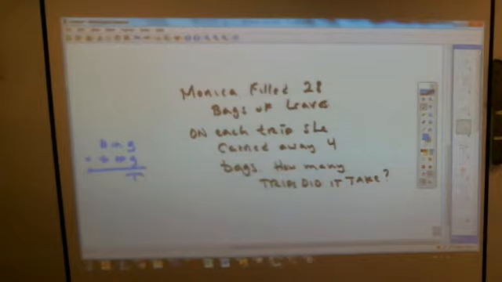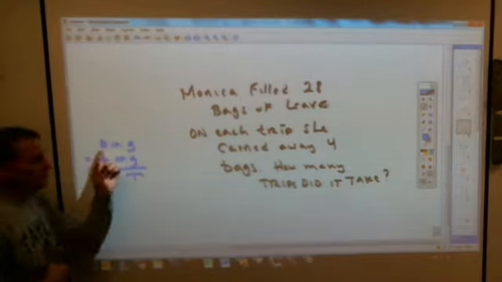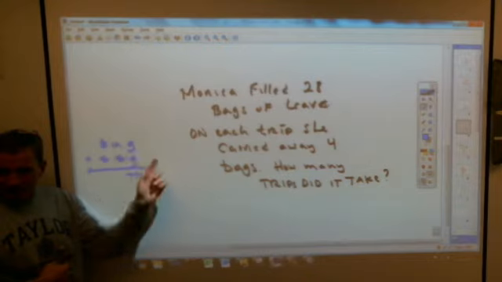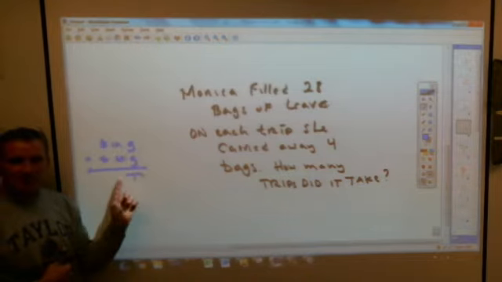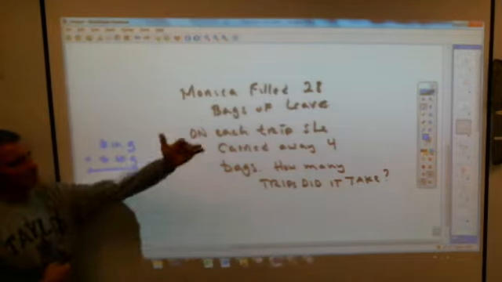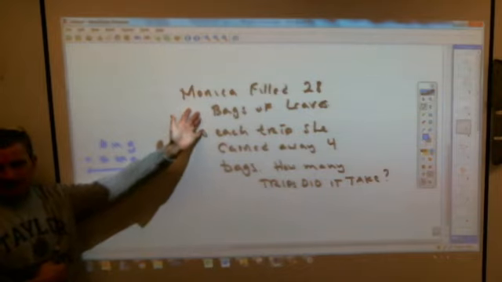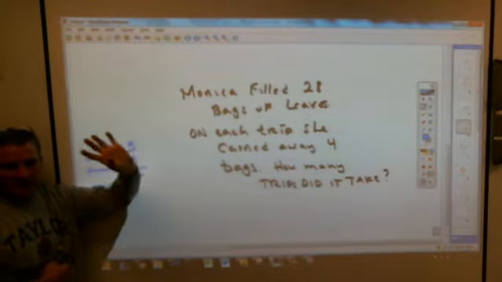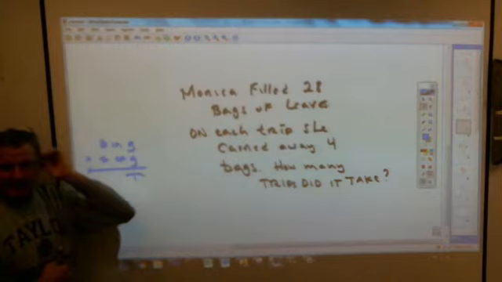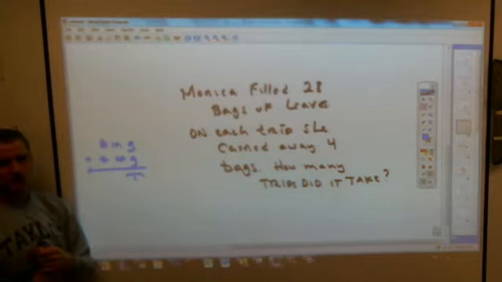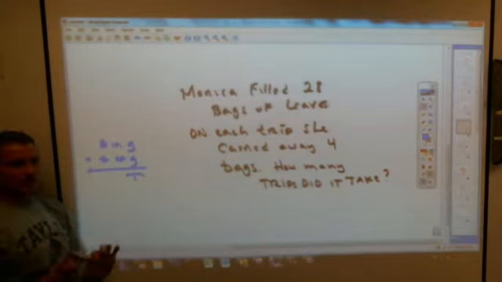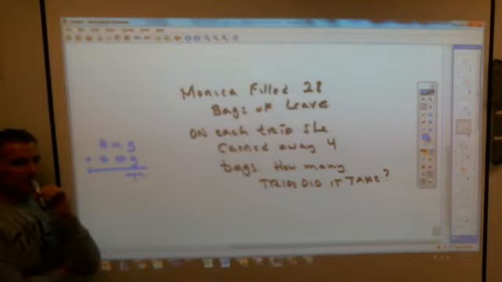Now, here's the question, and maybe it is, but are we looking for how many leaves are in every bag? So that's probably not. If this would have said that she had 8 billion leaves and she had them in 28 bags, then yes, the bag would be a group of leaves. But in this case, it is not. Something else is a group of something. And you're not the first 5th grade class that's been stumped by this problem. But you may be the last.